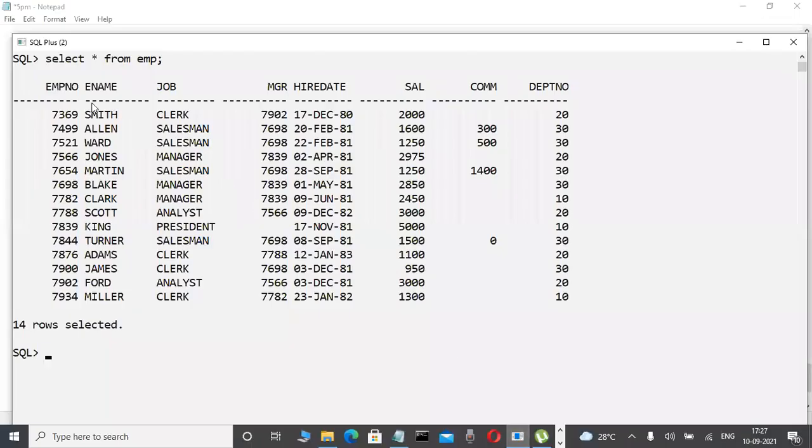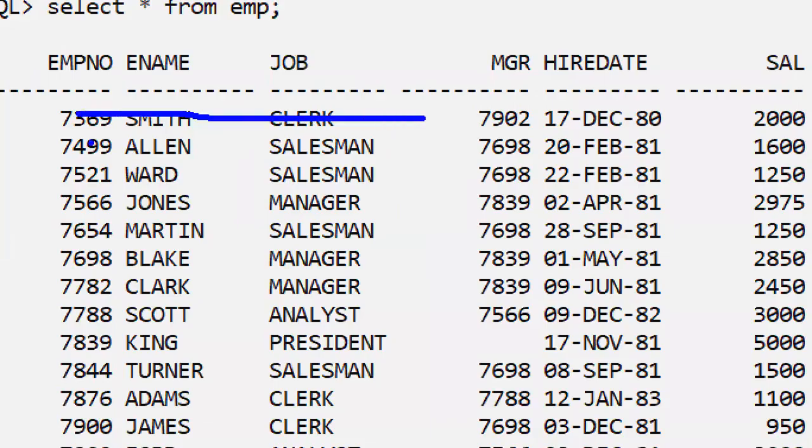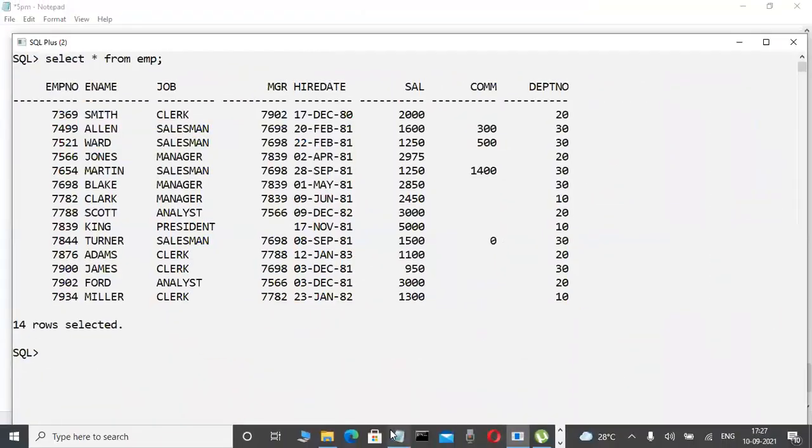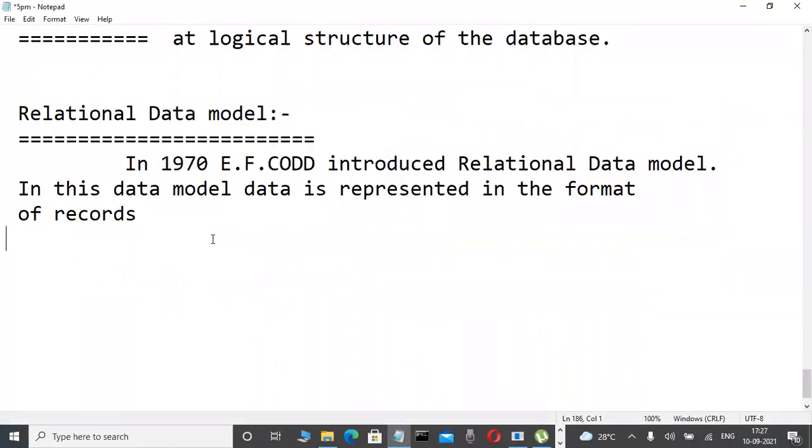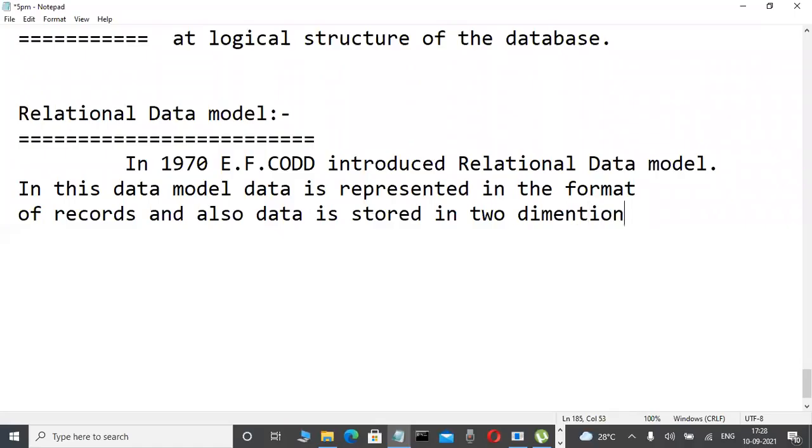Records means horizontal rows like this; this is the data. And also, data is stored in two-dimensional tables.